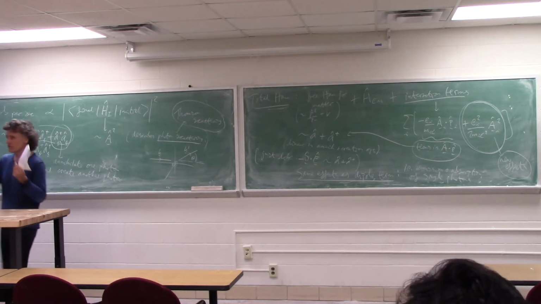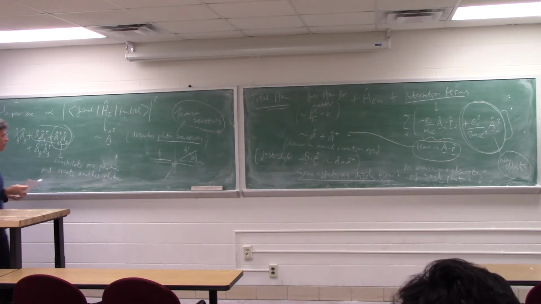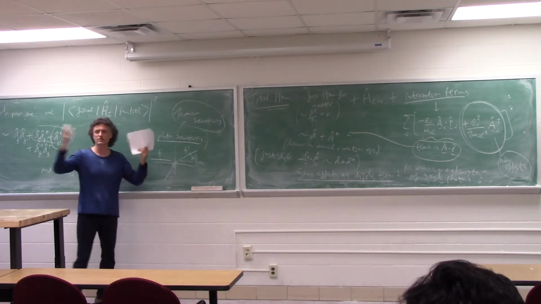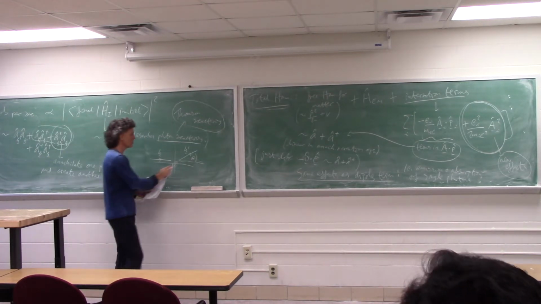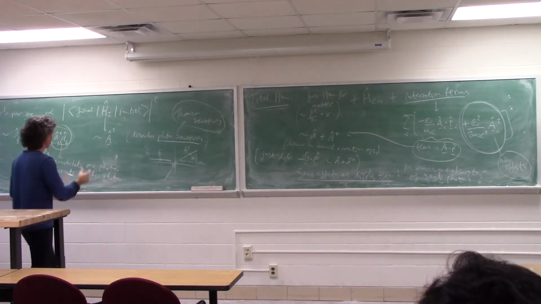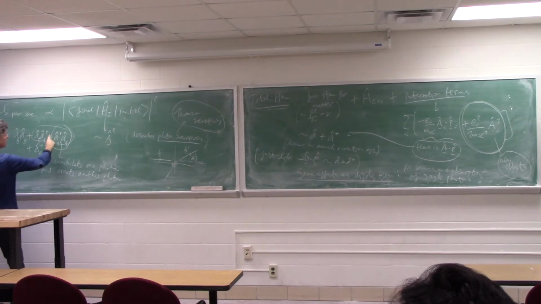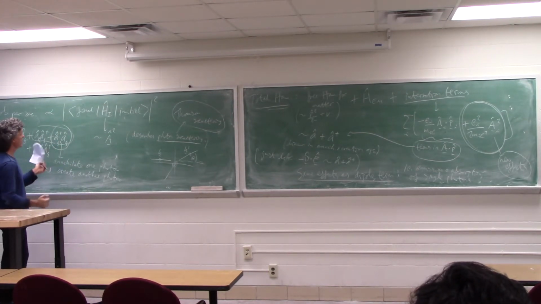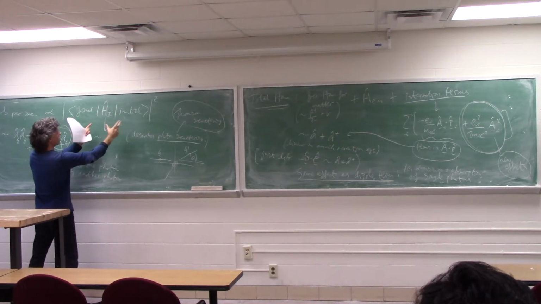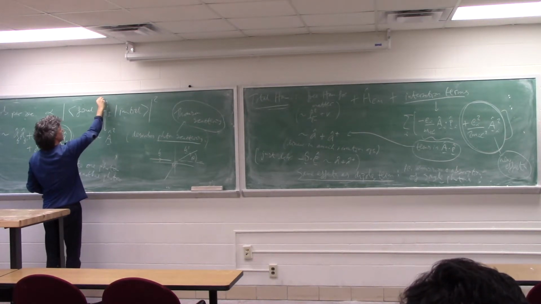From the point of view of this heuristic particle language, the photon with wave vector k vanishes, and a photon with wave vector k prime is created. Mathematically, it comes from these annihilation and creation operators acting on the matrix elements in order to get a non-zero inner product.